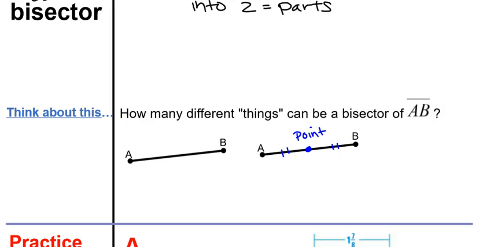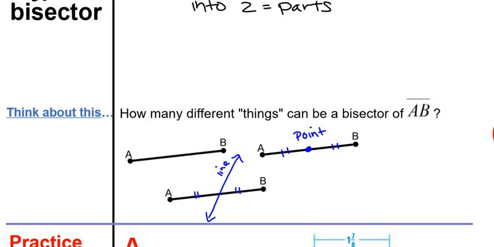But what else could I put through the middle to make two equal parts? Let me give you one more quick example. I could also draw a line through the middle that would cut it into two equal parts.